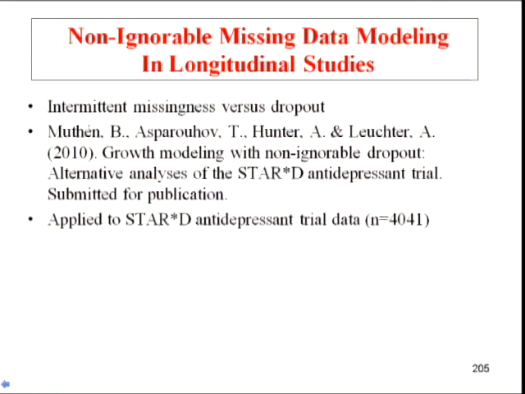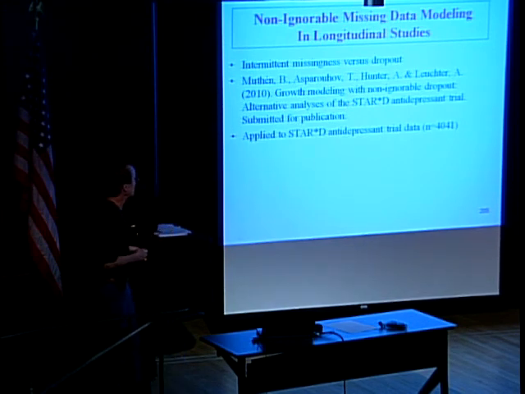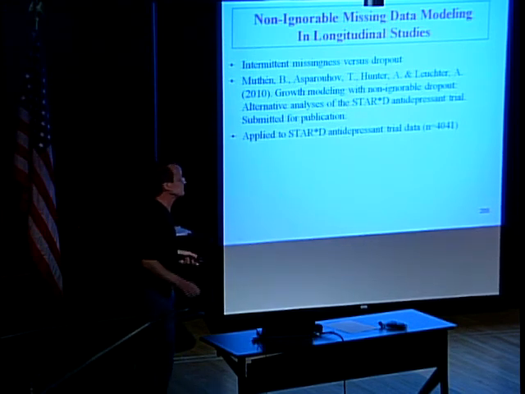Intermittent missingness in longitudinal studies may be a less dangerous situation. It might even be MCAR, but dropouts could be MAR or may require NMAR modeling. So in this new paper that I submitted, we try various kinds of NMAR alternatives to the MAR modeling, for an antidepressant trial.